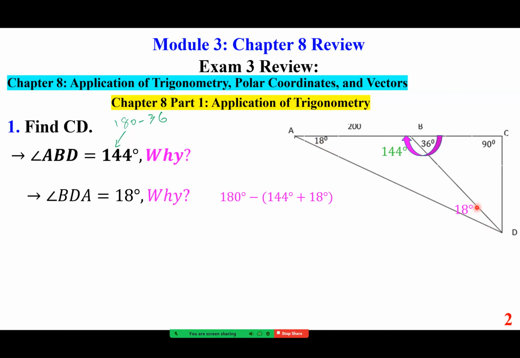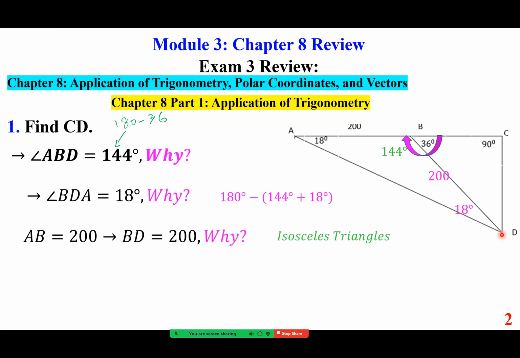Now, isosceles triangle, because these two angles are the same. If AB is known to be 200, then BD must be the same again, because we have an isosceles triangle. That's the definition of isosceles triangles in general.